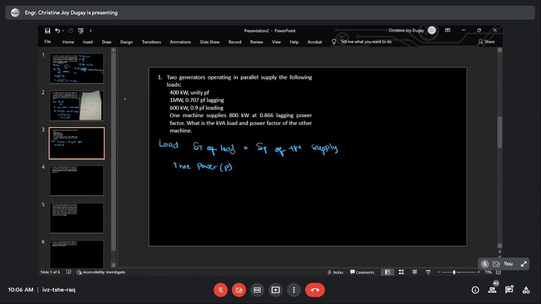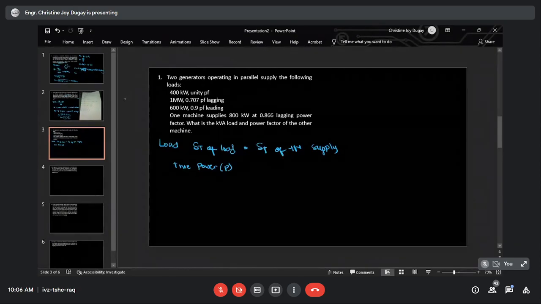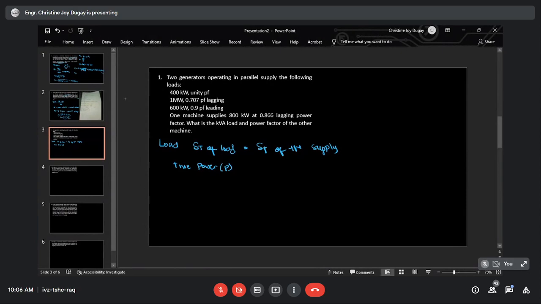And si reactive power, or that is Q. Q. VAR, no? That is the Q, or that is ang unit natin is in VAR, no? Voltage, ampere, reactive power. So that is Q, no?